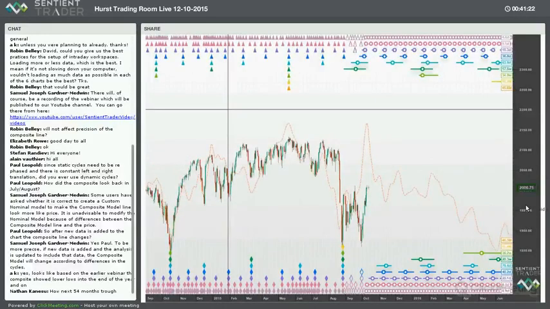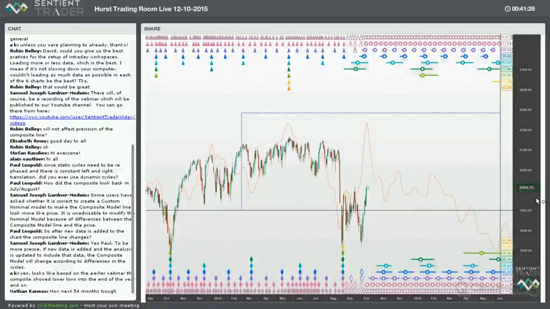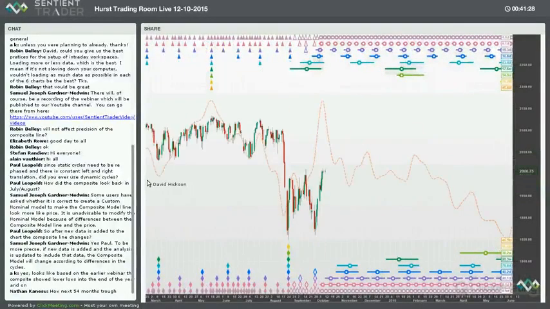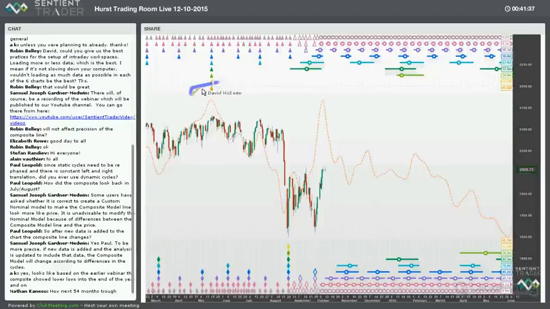Now, this analysis is painting a slightly different picture because of the differences in the analysis. Again, we have a 54-month cycle peak in May. Price is bouncing up now to find the 20-week cycle peak.